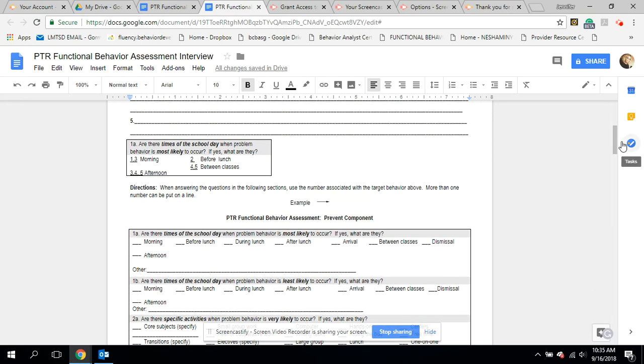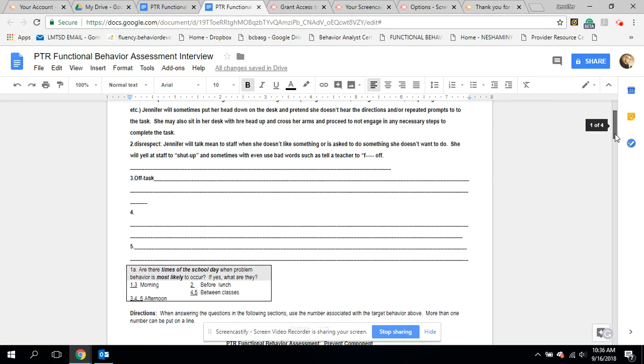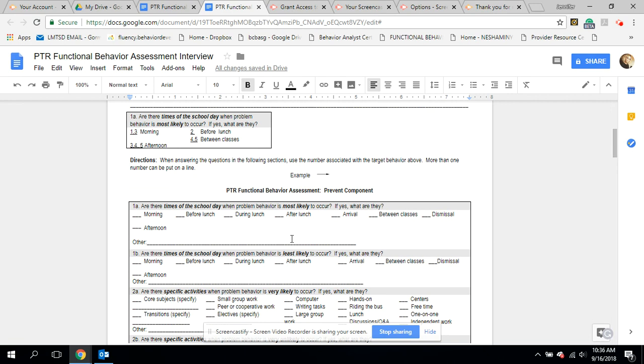So you're going to take those three behaviors, one, two, and three, and you would come down here to 1A. If you're able to, if you see them for all day, or most of the day, or you have information that you can answer these questions, you would then say, for example, if you see them after lunch, and typically you see number three, off task, more after lunch, because you have them for class in the morning for maybe homeroom, but then you also see them after lunch for another class.